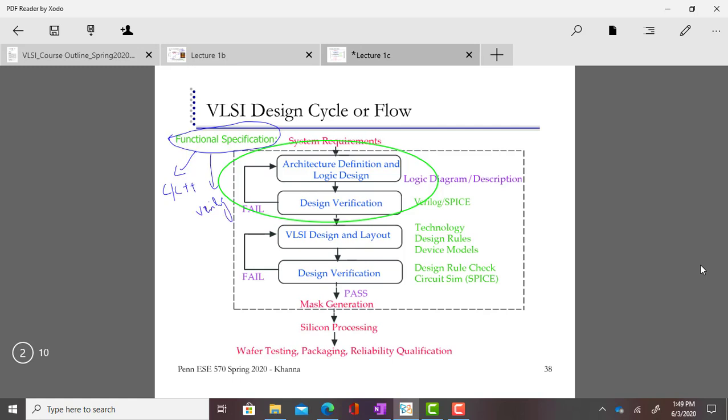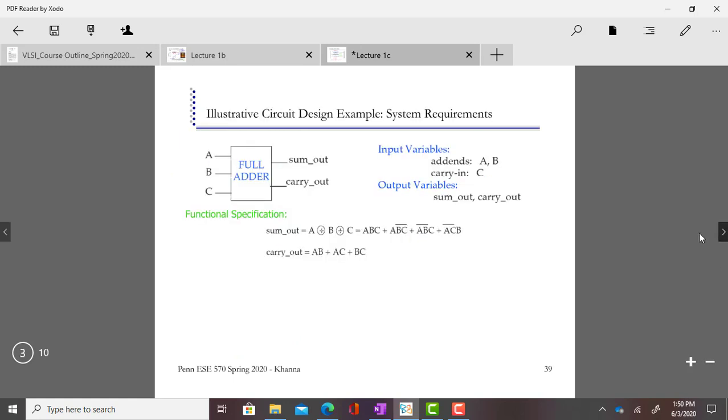For example, you may want to design a filter, and you can write the filter in C or C++ or Verilog.